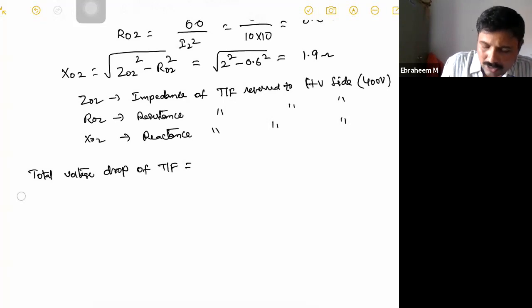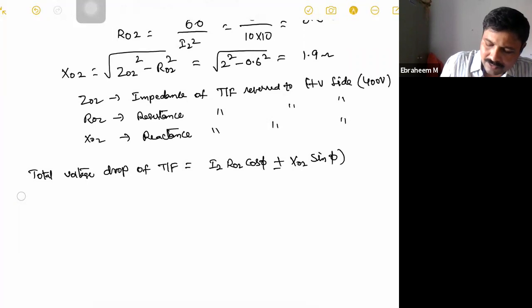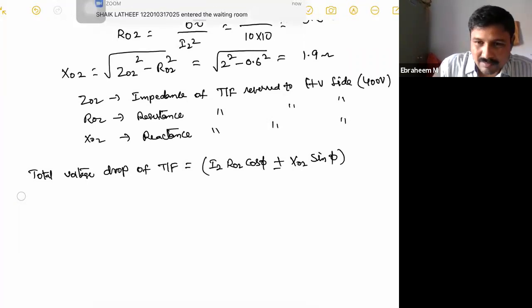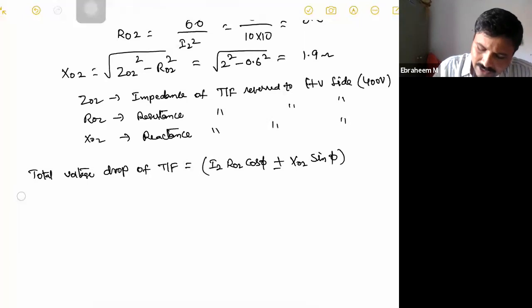So the total voltage drop is I2 R02 cos phi plus or minus X02 sin phi. This gives you the total voltage drop referred to the secondary, since we have written 2. Here in this case, the secondary is the high voltage side, that is 400 volts.